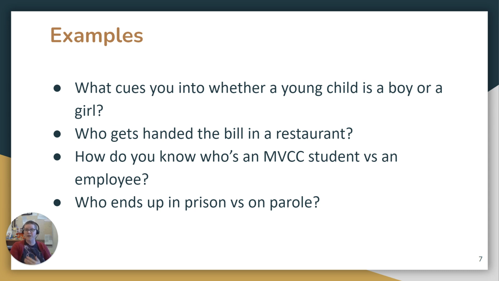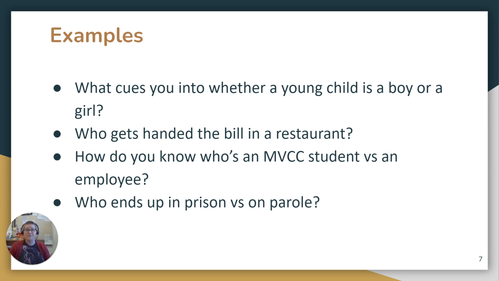We have a lot of newer, younger hires who can sometimes get picked up as students, and we also have people who are coming back to be students who might get picked up as employees. And again, I don't think anyone is trying to harm anybody doing this, but if you've ever been in a situation where this happens to you, you might be familiar with it.